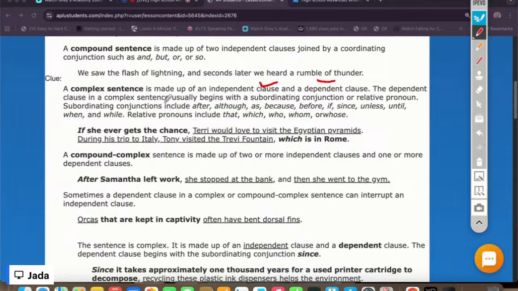So we have subordinating conjunctions include after, although, as, because, before, if, since, unless, until, when, and while. And then the relative pronouns include that, which, who, whom, or whose. Okay.